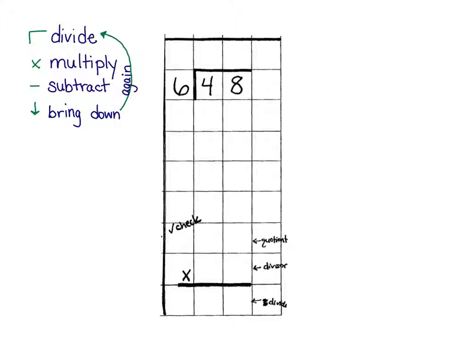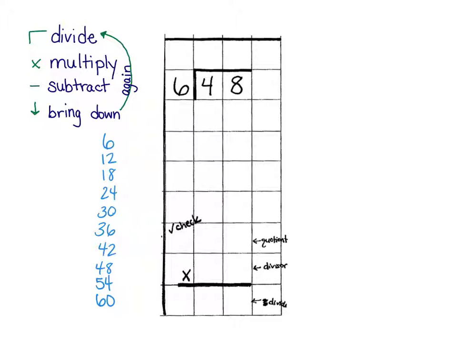And the last problem. 48 divided by 6. Let's skip count by 6. Hopefully you have it on your paper from earlier. 6, 12, 18, 24, 30, 36, 42, 48, and 54, 60.